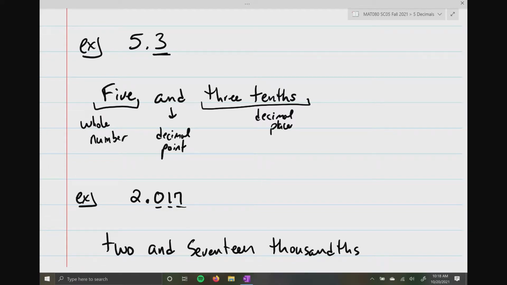Now sometimes, and I'm going to be honest with you, I'm not perfect. I get lazy. And instead of me saying 2 and 17 thousandths, I say 2.017. Anybody else like me? It's okay. I'm with you. We're in the same boat together.